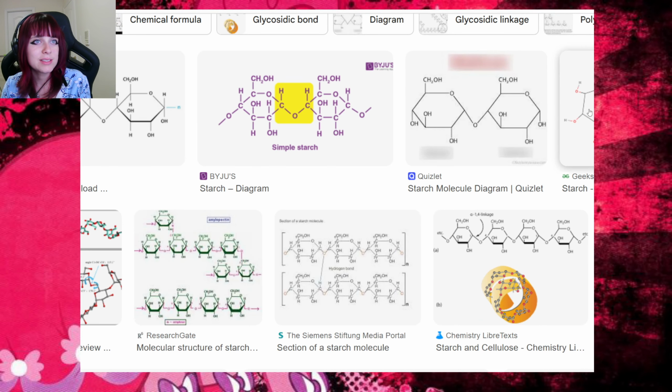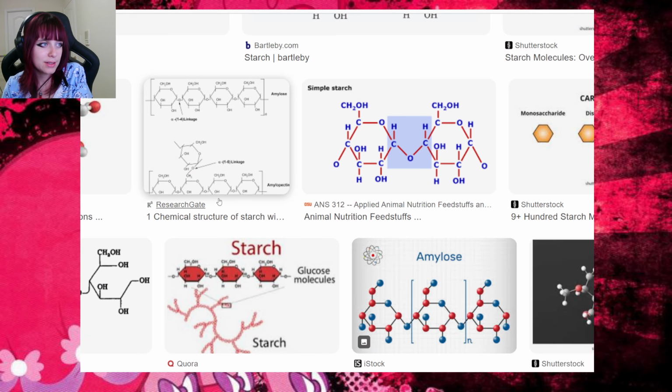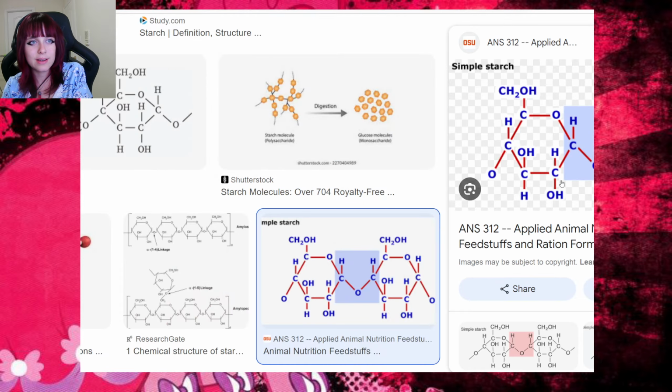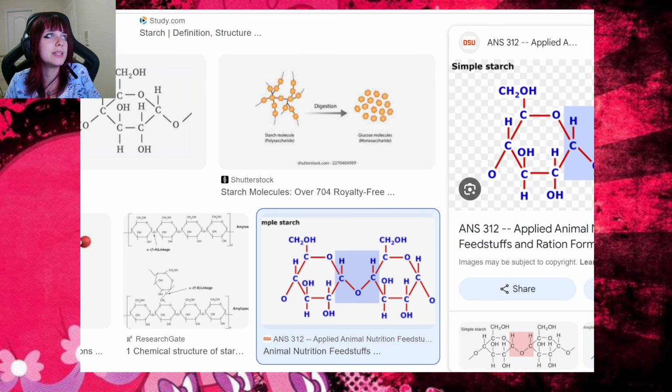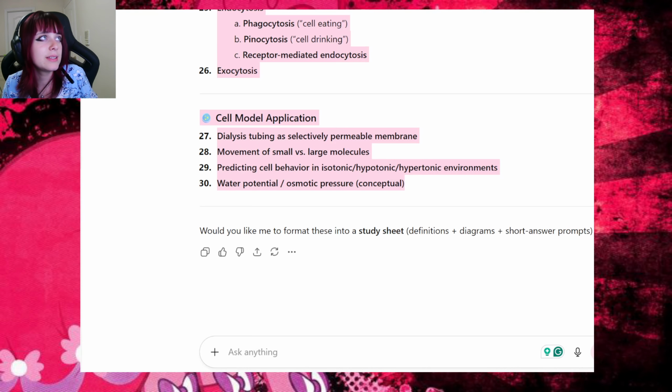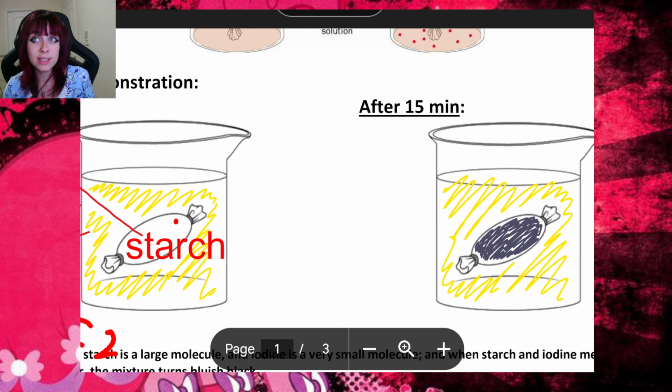Well, starch is real big. See, this is like a simple starch, I guess. We already have two atoms here, and then two atoms here, and overall, it's so many atoms. Compared to this thing, it is huge, so it cannot go through, because remember those pores?